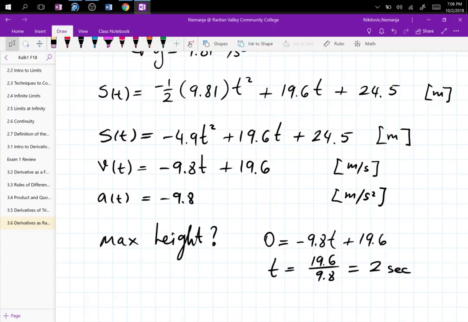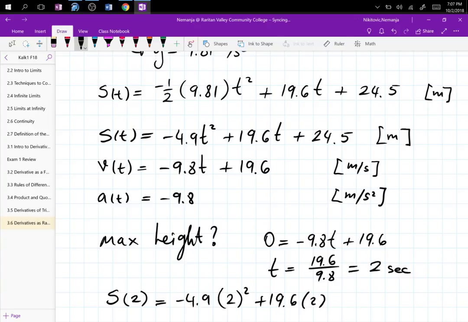So 2 seconds after you throw this rock, it's going to take 2 seconds for this rock to reach the maximum height. So now I need to calculate S of 2 to see what is the height. So that's going to be negative 4.9 times 2 squared plus 19.6 times 2 plus 24.5.